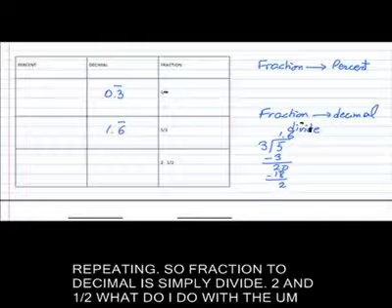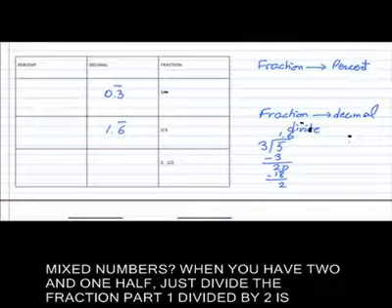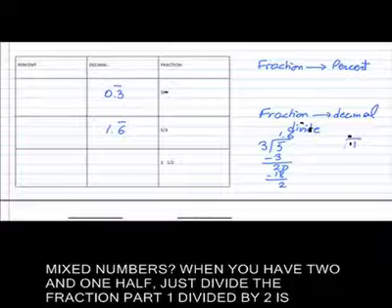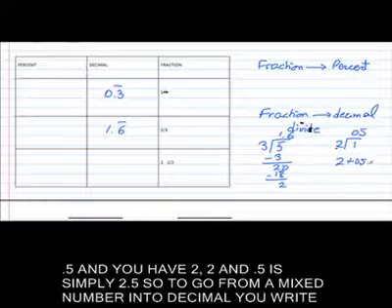So fraction to decimal is simply divide. 2 and 1/2. So what do I do with mixed numbers? When you have 2 and 1/2, just divide the fraction part. 1 divided by 2 is 0.5, and you have 2. 2 and 0.5 is simply 2.5.